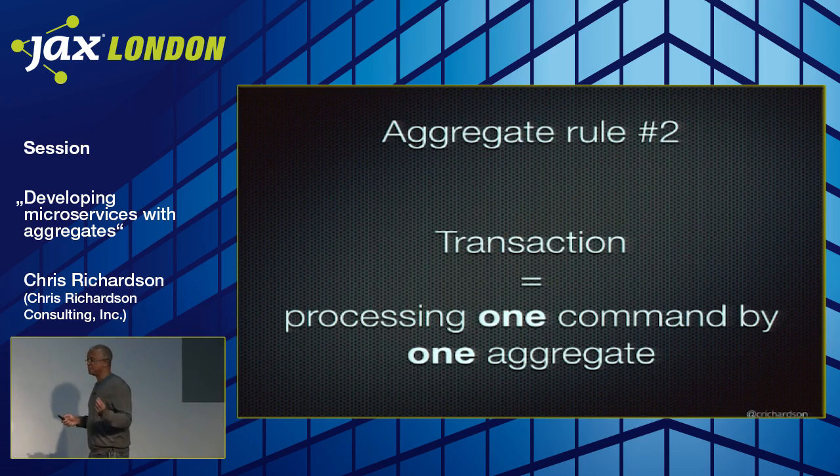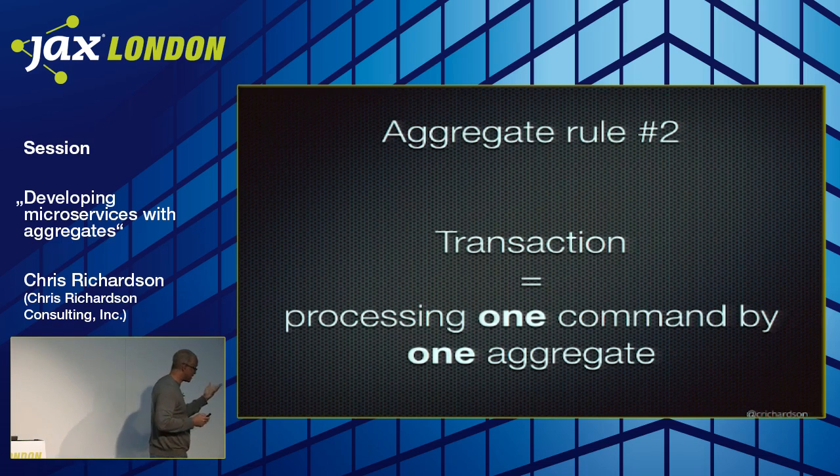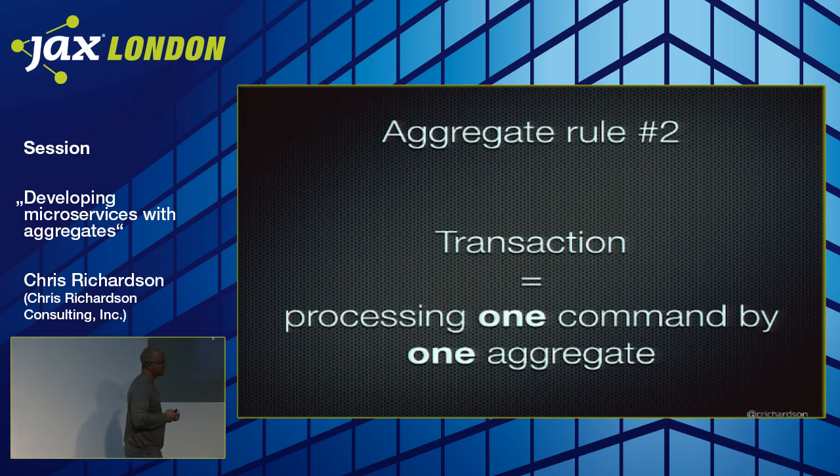Then the second rule that aggregates have to conform to is that a transaction can only create or update a single aggregate. And when I first read about this rule, it made absolutely no sense, because back then I was using a relational database.